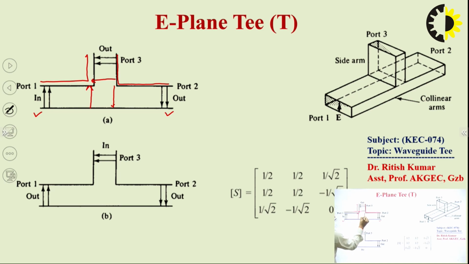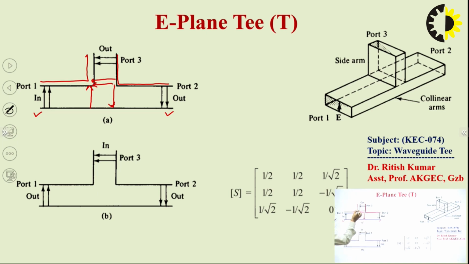For this case, we can see here the tail of the arrow is touching at this boundary. So always the direction of the electric field would be the same at this boundary condition. So in this case, again the arrow direction would be like this.